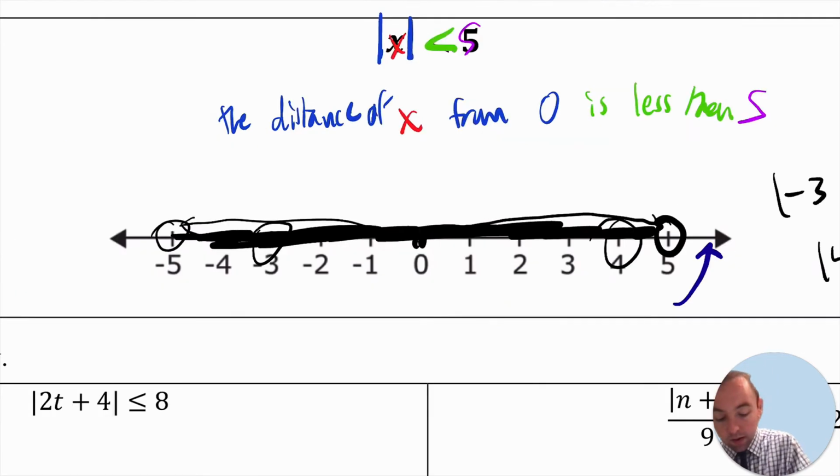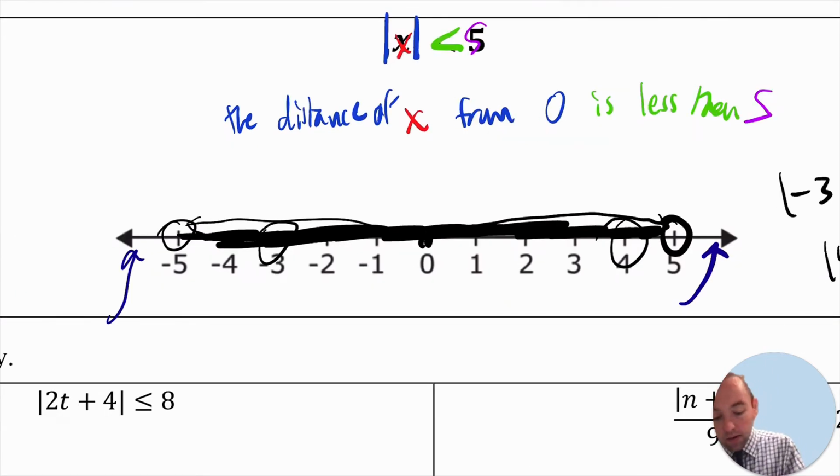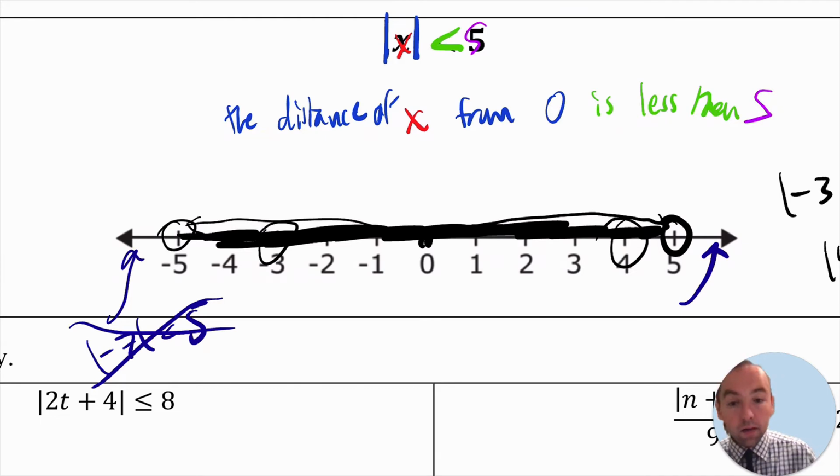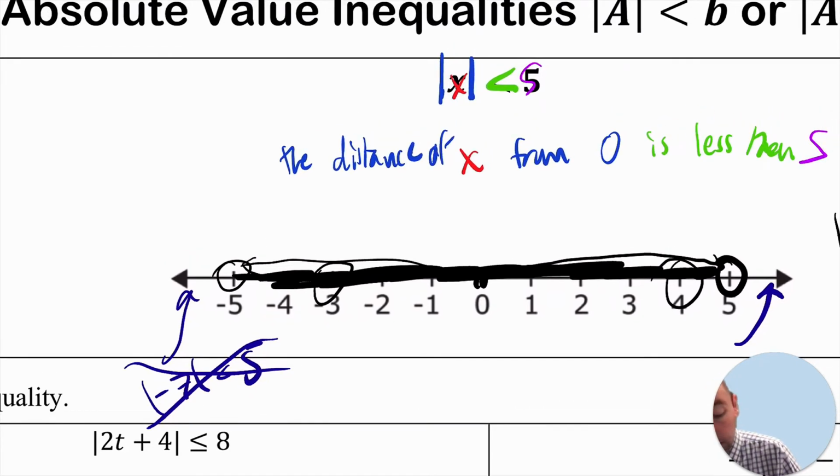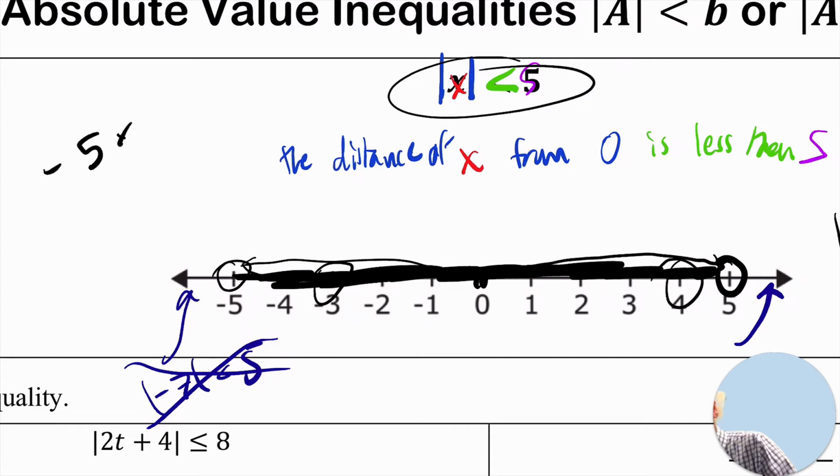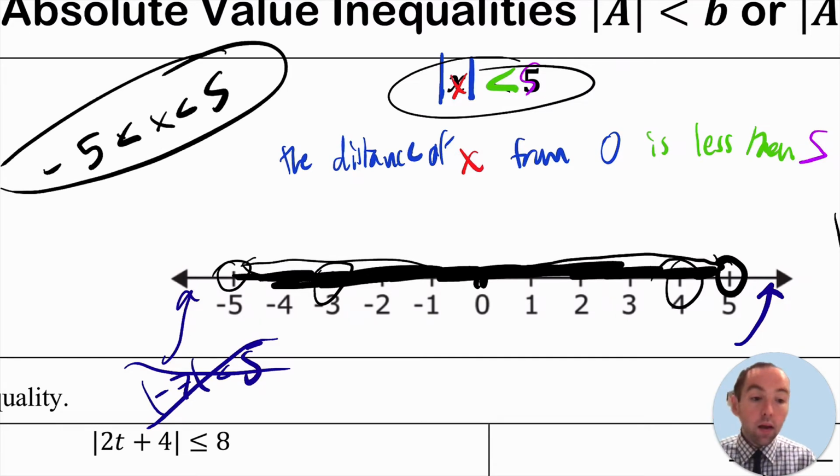And then if we picked any number out here that's lower than -5, like -7, that statement is also false because the absolute value of -7 is 7, and 7 isn't less than 5. So it turns out that the only solutions to this particular inequality are the numbers where x is between -5 and 5, excluding -5 and 5.